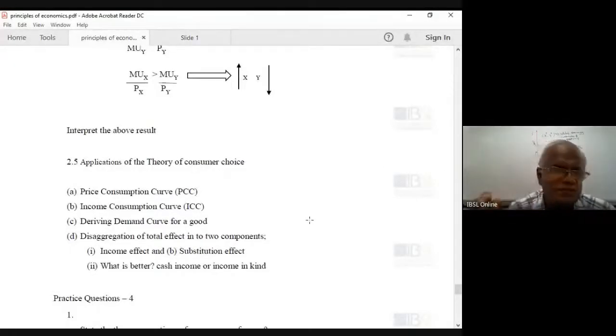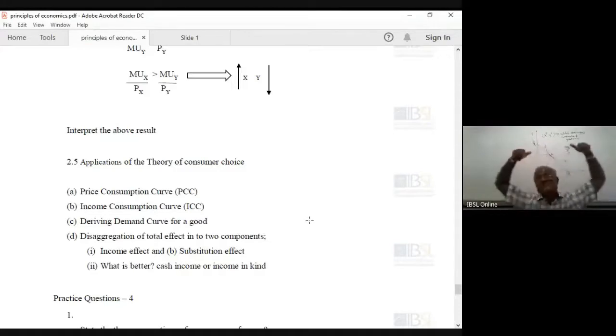So for poverty alleviation, government should give households income in cash. Then the household can decide; it's up to the consumer. You don't restrict their consumption. So using this theory of consumer behavior, you can prove that also. That's very important. Cash income is better than income in kind.